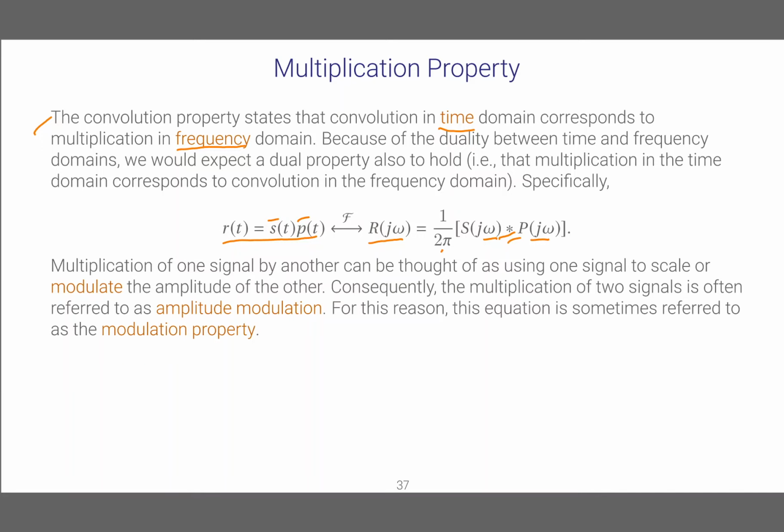Multiplication of one signal by another can be thought of as using one signal to scale or modulate the amplitude of the other. So this is like multiplying p(t) by s(t). Consequently, the multiplication of two signals is often referred to as amplitude modulation. For this reason, this equation is sometimes referred to as a modulation property.